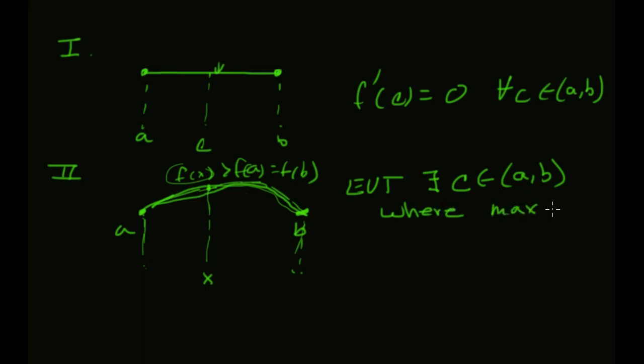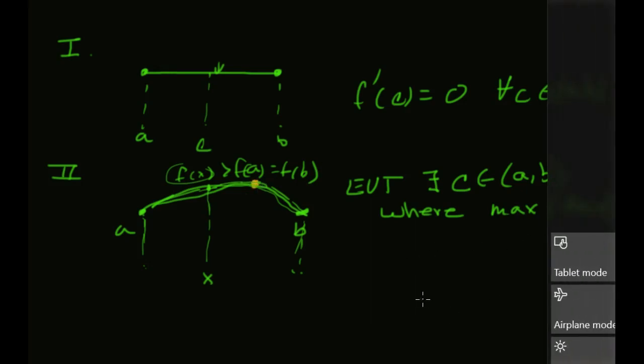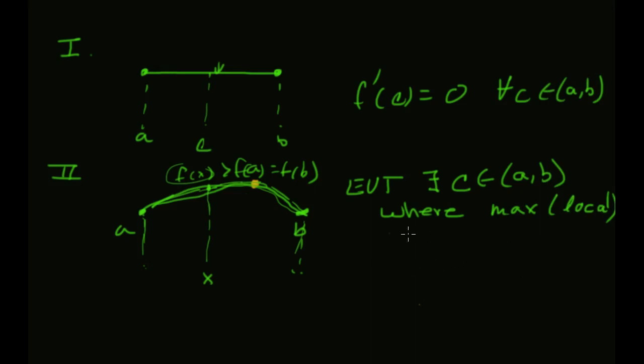And that maximum has to be an absolute maximum, but it's also going to be a local maximum, or a relative maximum, which in our drawing here looks like it's about here. If I do that, then what I also know is that at that point, let's call that value C, f prime of C has to be 0.